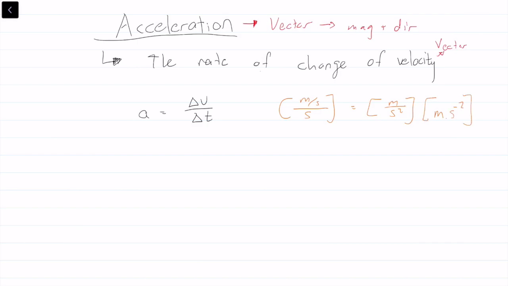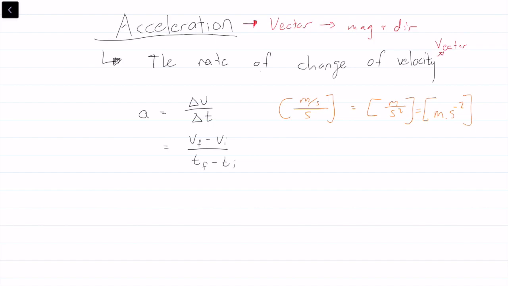These are all the same thing. So our units for acceleration are meters per second squared. And obviously, like before, our change in velocity is just velocity final minus velocity initial, over time final minus time initial.